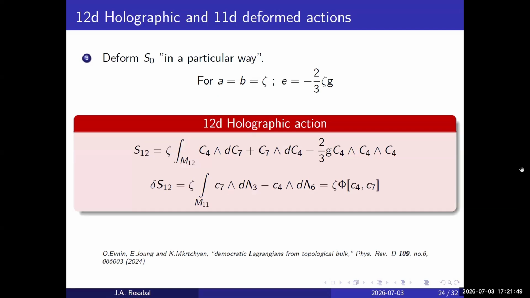This action in 12D transforms like this in 11D. This action is similar to the Chern-Simons in the three-dimensional case, where the transformation written in 11D space matches the transformation of the democratic background field coupled action.